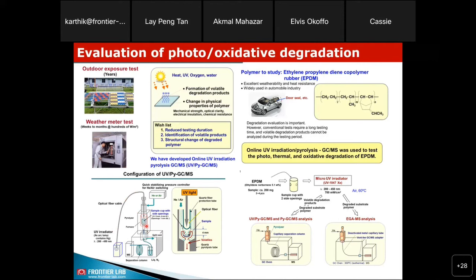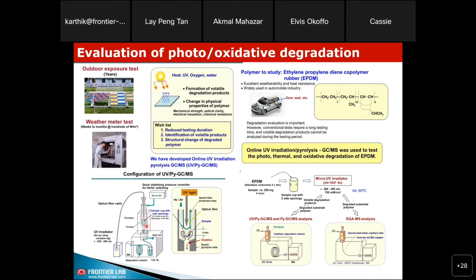Then you can look at the compounds released during UV light exposure, or you can look at the pyrogram after UV light. So this is fast.